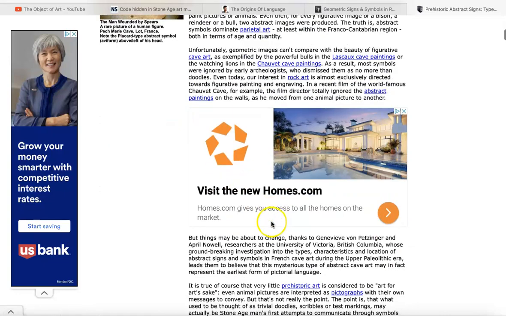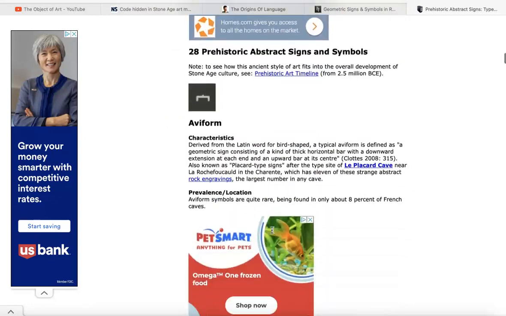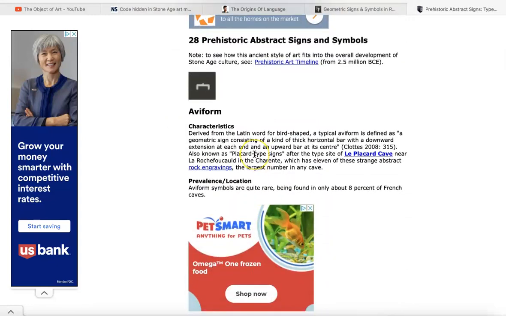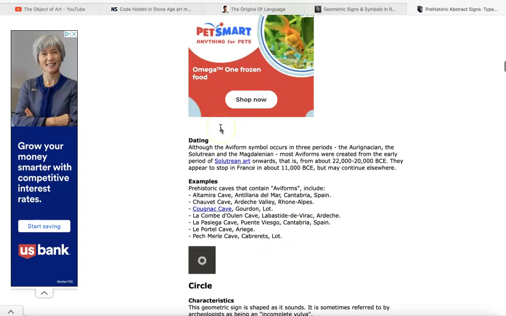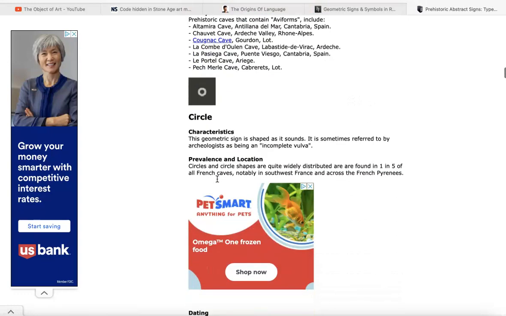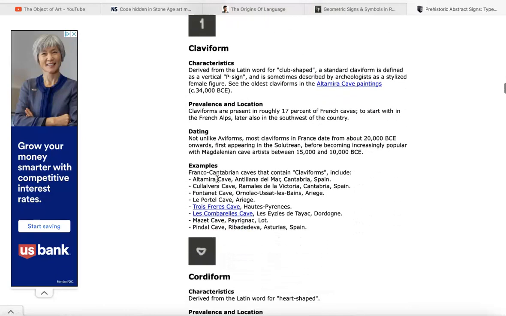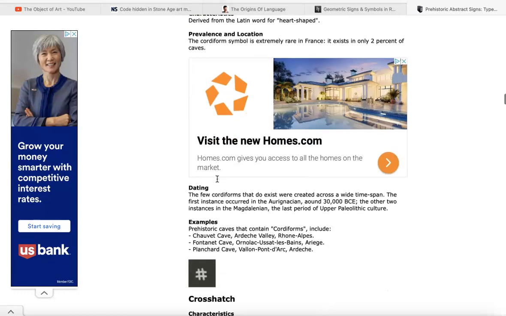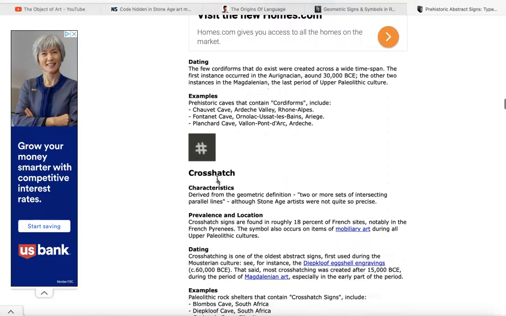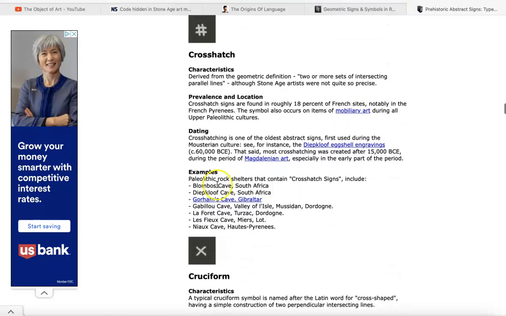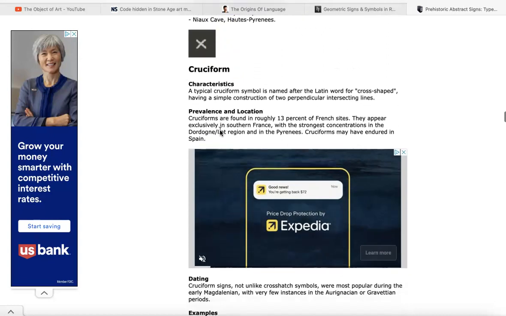And you can look up every single different one of these prehistoric symbols that are found in these caves, and you can look up maybe not so much a definition, but kind of an explanation, like aviform. There it is. Circle, claviform, cordiform, crosshatch. To me, cruciform, you know, the X that we've been talking about.